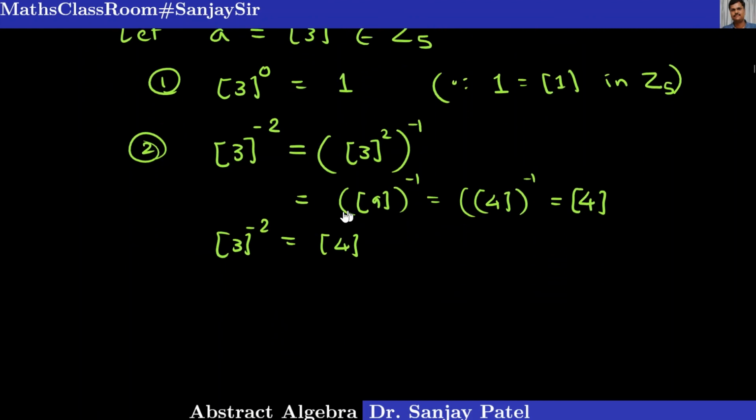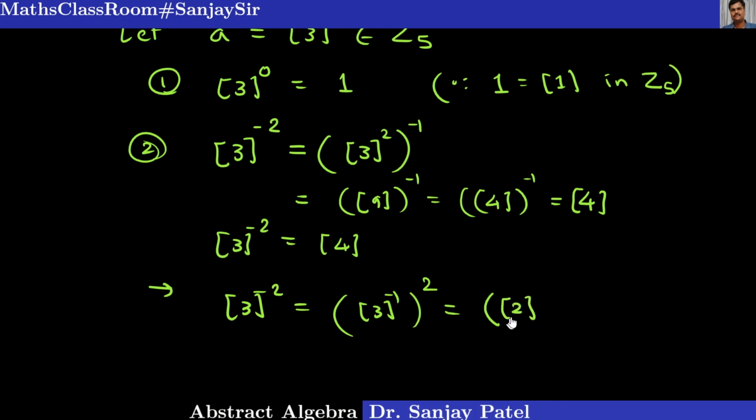We can compute this also in a different way. Class 3 raised to minus 2, we can compute directly by first finding the inverse and then taking the square. So what is the inverse of 3 in the ring? 3 times 2 is 6, and 6 means 1, because class 3 into class 2 is equal to 6.